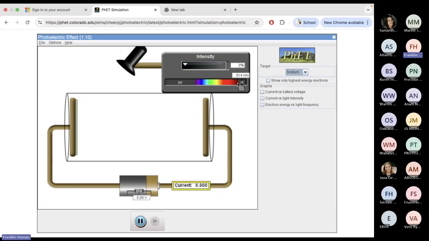So if this is infrared, the first color will be red, then orange, yellow, green, blue, indigo, and violet. And then the term ultraviolet means beyond violet. So beyond violet you have your UV, or ultraviolet. On the right, before your red, you get your infrared.